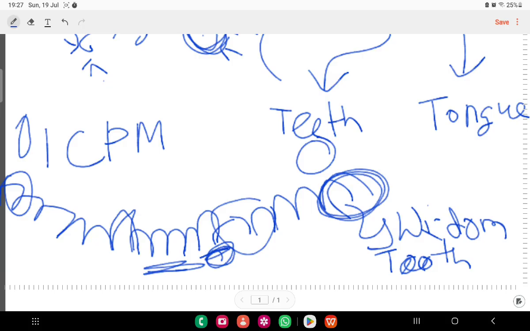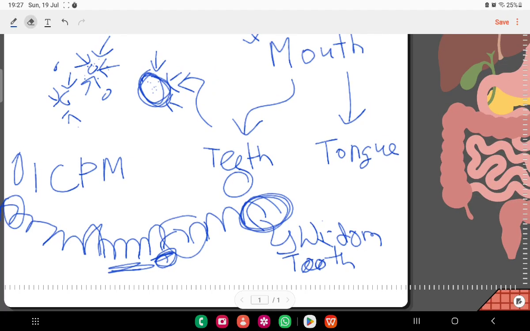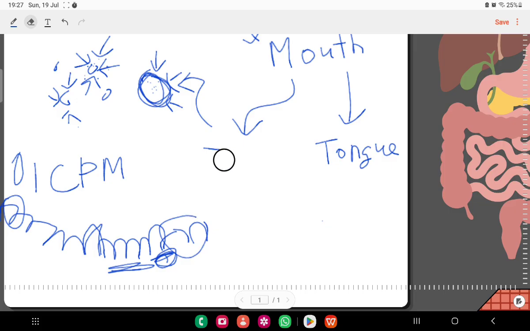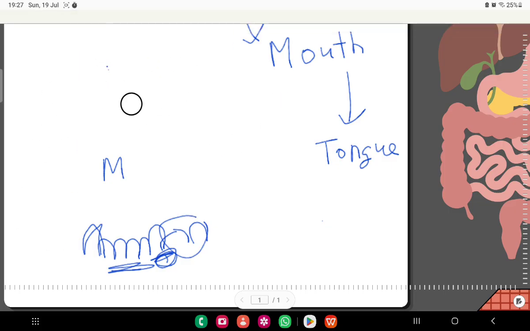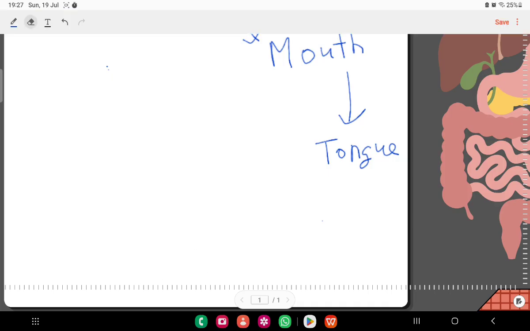So yeah, it has a pretty low tenure. Okay, so the tooth is done. You know the function, it is to break the food into small molecules.